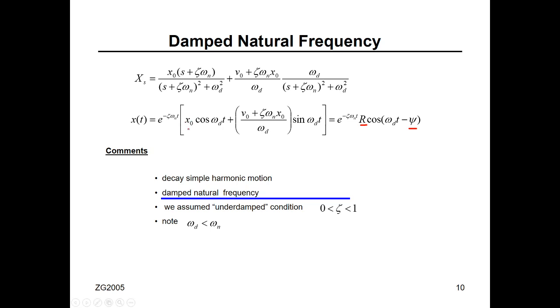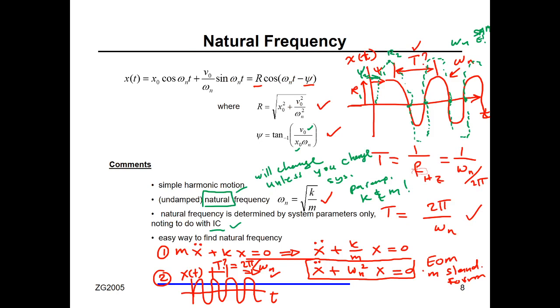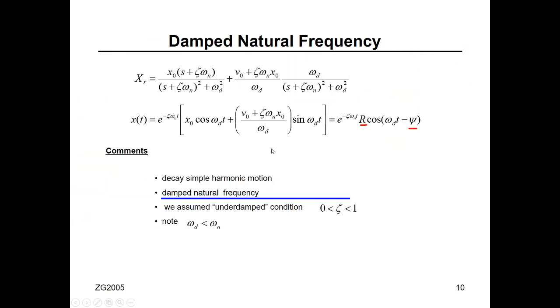Okay guys? How to get R and psi, just like you did here. R is this amplitude squared plus this amplitude squared, take the square root of all. Psi is the tan inverse of this magnitude over this magnitude. Same thing you can do here. I assume you know how to do it. So this is my solution.